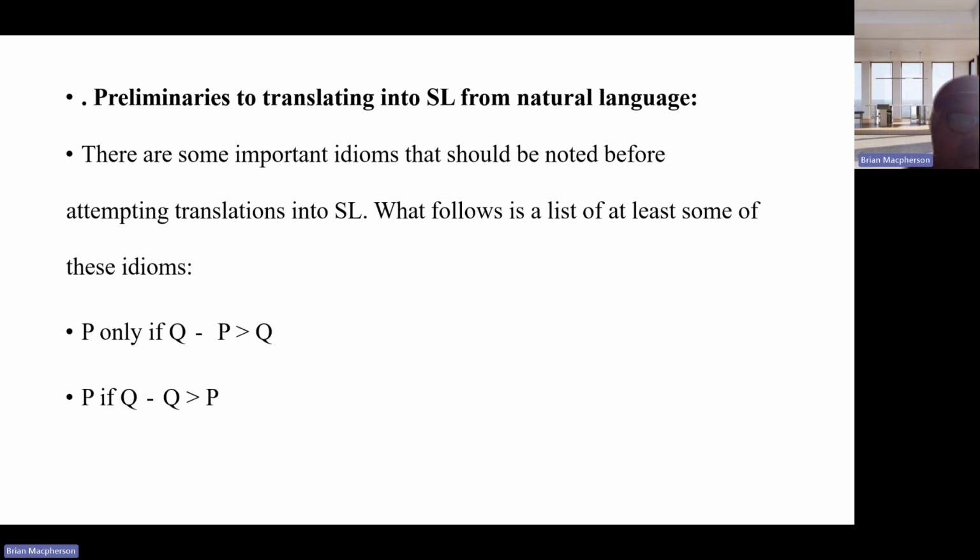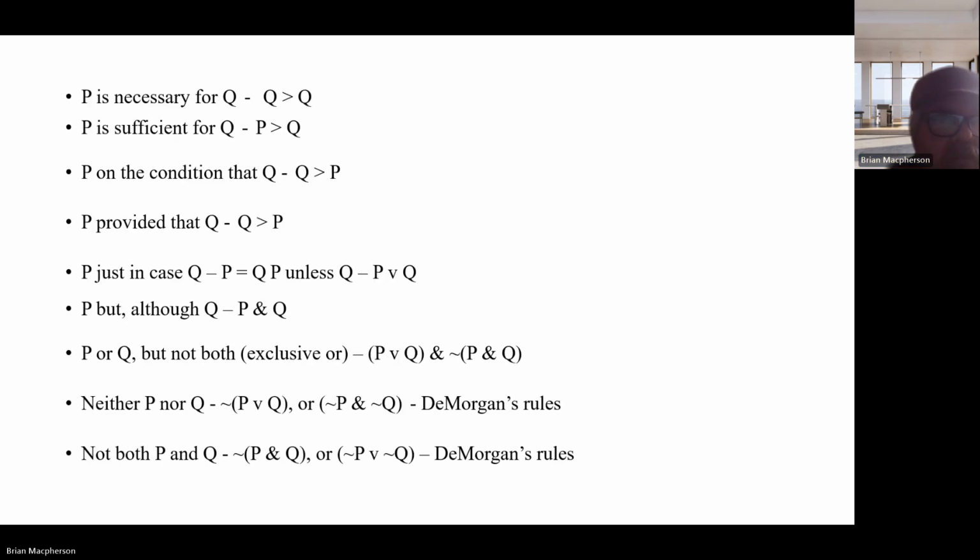So keep that in mind. Only if, you preserve the order: P arrow Q. P if Q, you reverse the order: Q then P. P is necessary for Q. Sorry for the typo there. That should be Q then P, right? The necessary condition is always the consequent of the conditional.